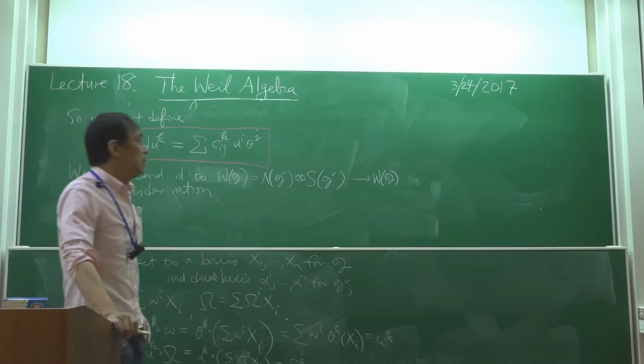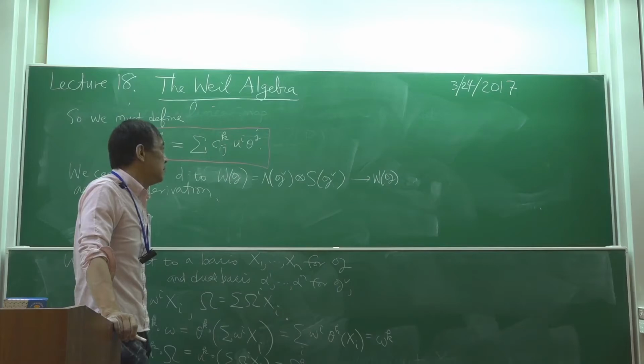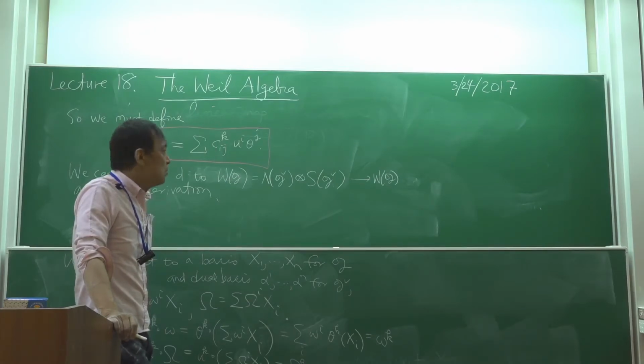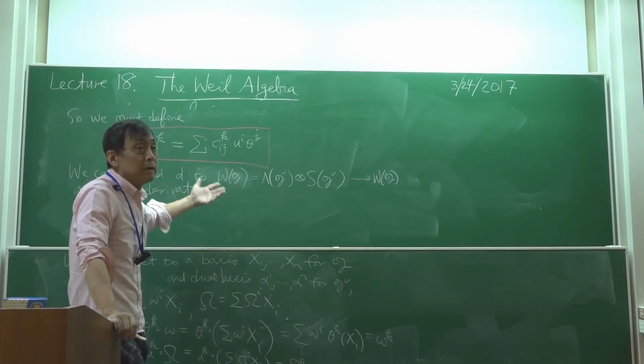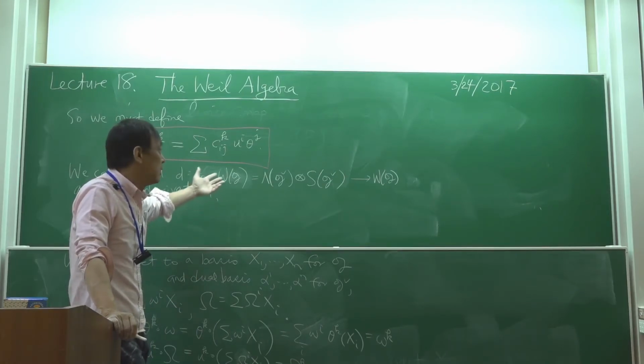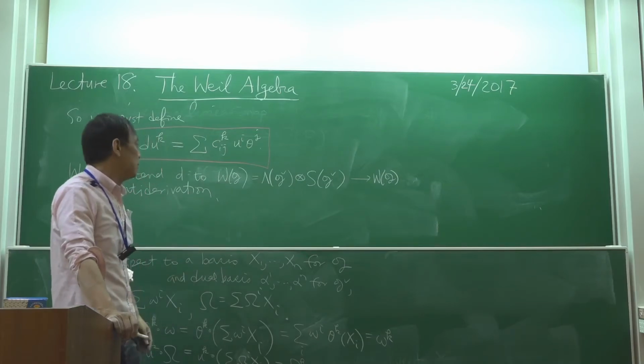Because the Weil algebra is freely generated by the thetas and the u's, you can extend it, and it will be well defined.